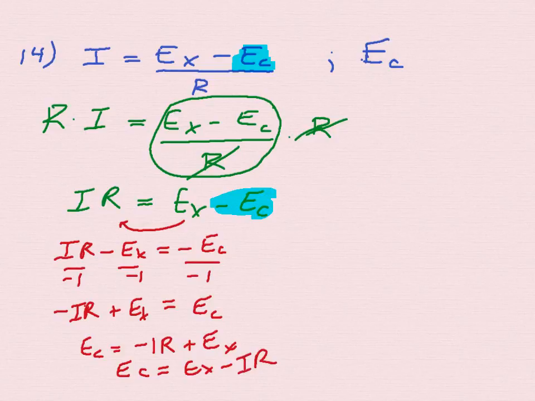Now, if at this stage you decide to do something differently, you say, I don't like that negative EC, I'm going to bring the negative EC to the left of the equal sign and change it to a positive, and I'm going to bring the IR to the right. So originally this was your equation. Let's just say you did not like this negative at all.